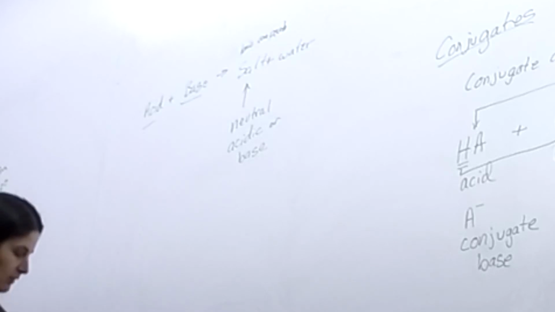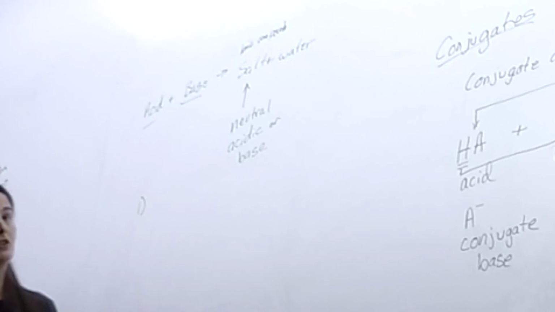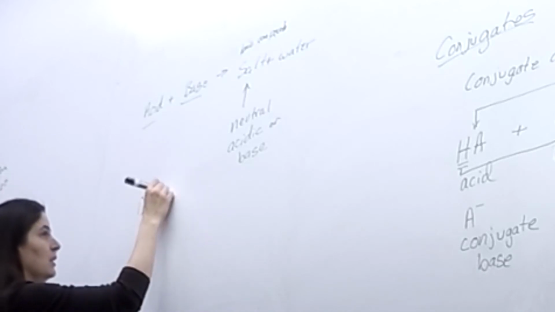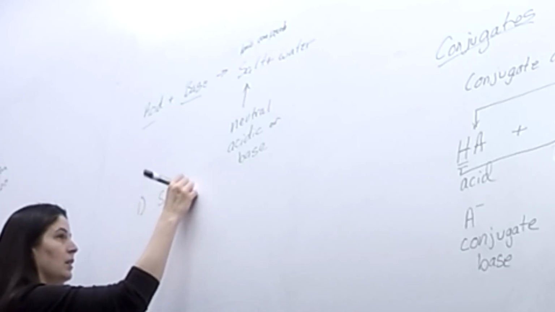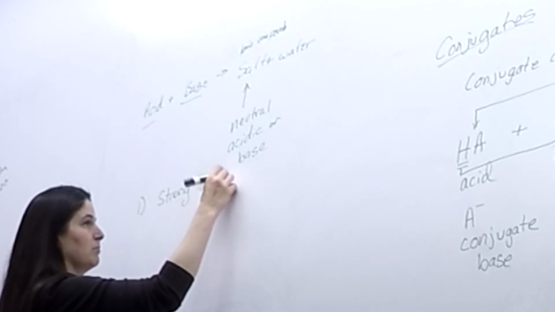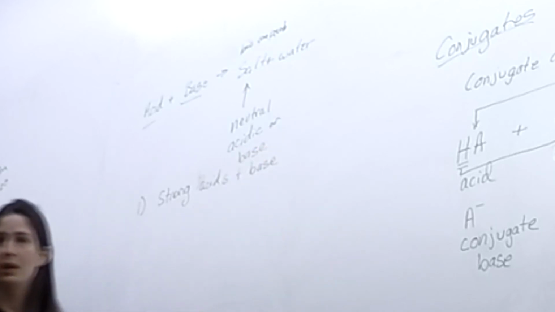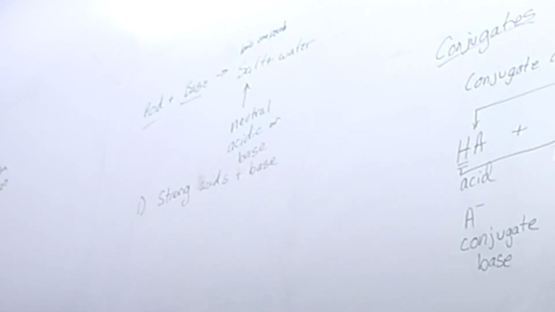So we have to have some basis behind how to determine if the salt of an acid-base reaction is going to be neutral, acidic, or basic. And this is why you memorize your strong acids and bases. You need to know if the acid or base that reacted to create that salt is strong or weak.